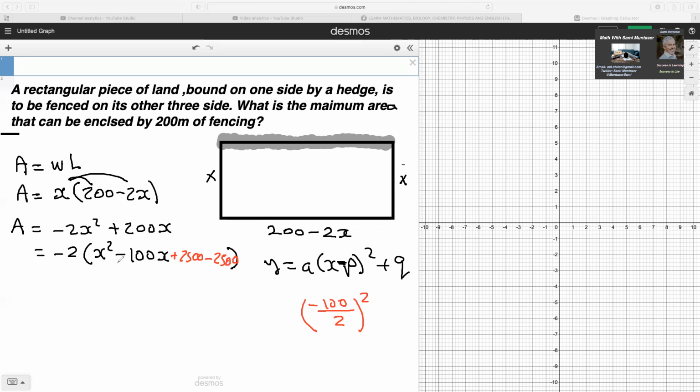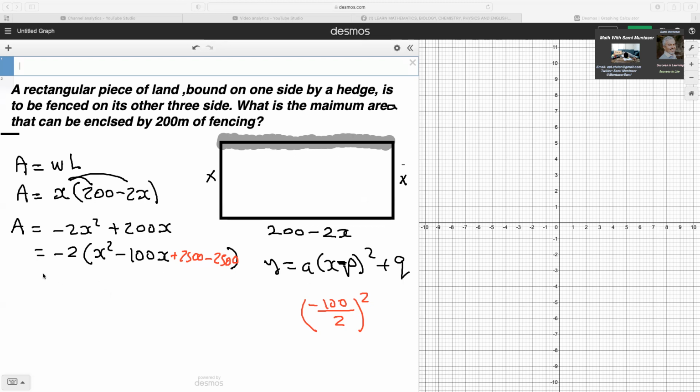Now, this -2500 that we subtract, we do it because we want to add 0. 2500 minus 2500 is 0, and if you add a 0 to the equation, it doesn't change it. But of course, we need the 2500 to complete the square and make it look like this.